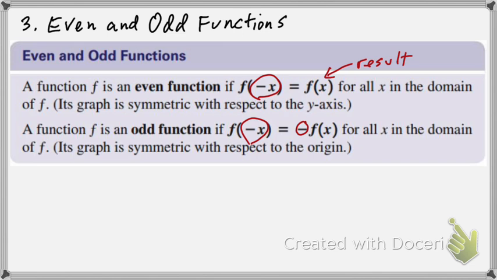An even function, think parabola. Think it's got two arms. Those of you that suffered through pre-cal with me, we talked about this quite a bit, right? An even one, the arms are either going to be both up or both down. Think parabola.